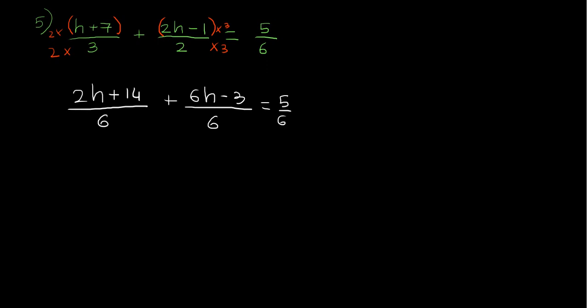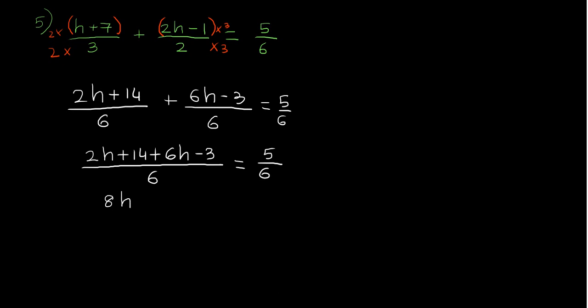So write it down as one fraction: 2h plus 14 plus 6h minus 3, all of it over 6, is equal to 5 over 6. 2h plus 6h is 8h, and 14 minus 3 is 11, over 6 is equal to 5 over 6.